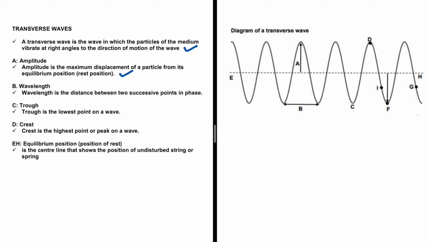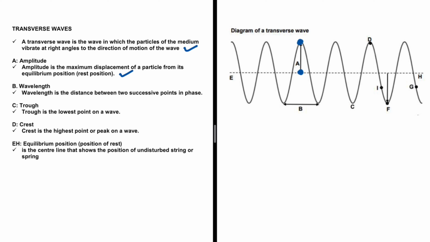Let's take a look at our sketch and see how the amplitude looks. So here, denoted by A, is our amplitude. We can see that it runs from the equilibrium position up until the maximum displacement. This is the amplitude: the maximum displacement of a particle from its equilibrium or rest position.